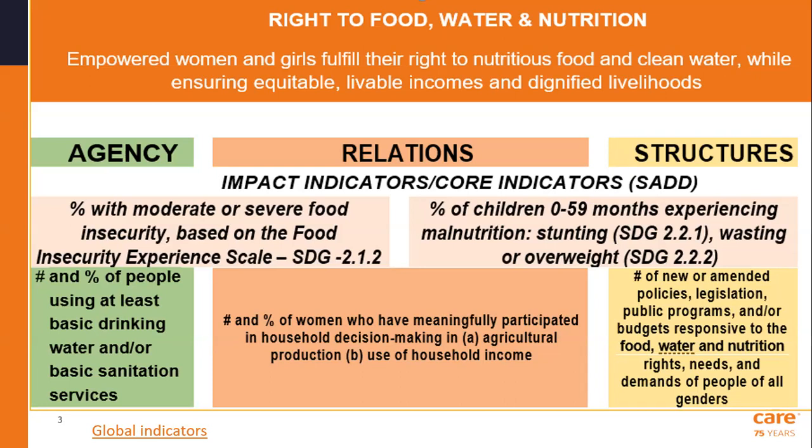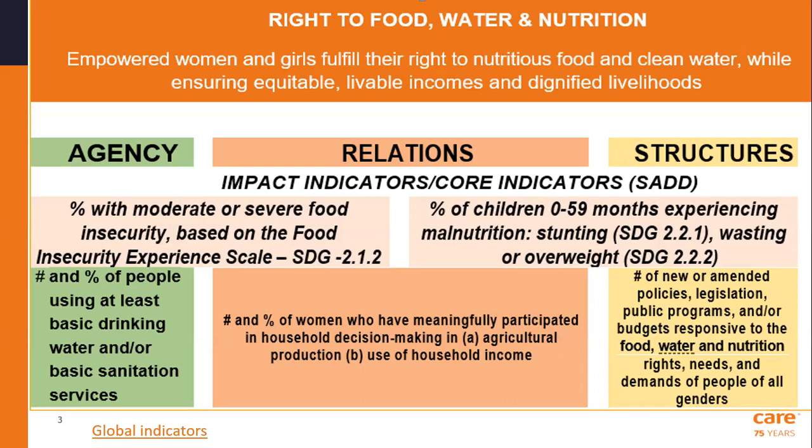Our MEL is about proving to the world and being accountable to others that we actually make an important contribution, as well as about improving our own work and about learning. So we have developed guidance on each indicator to help project teams to pick the right indicators for their project and also measure those.